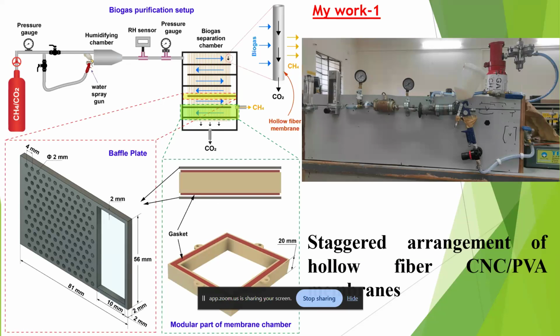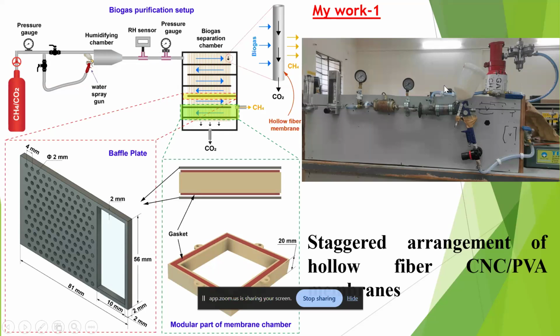So biogas being a freely formed fuel, having a high concentration of CO2 of 30 to 40 percentage, the CO2 can be reduced, and the methane can be enriched and utilized. So this was one particular design that we tried out.